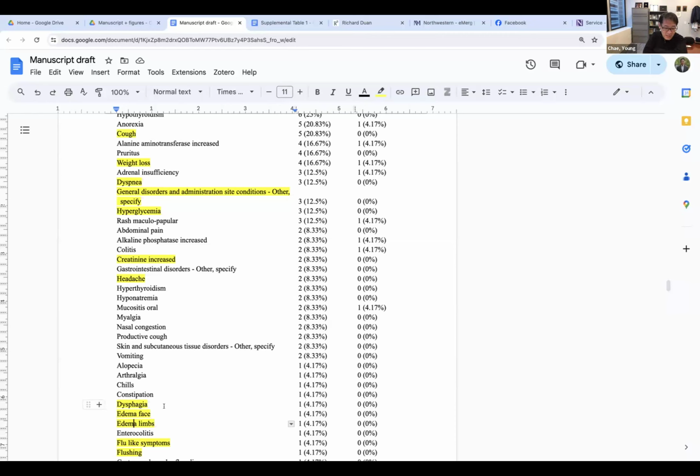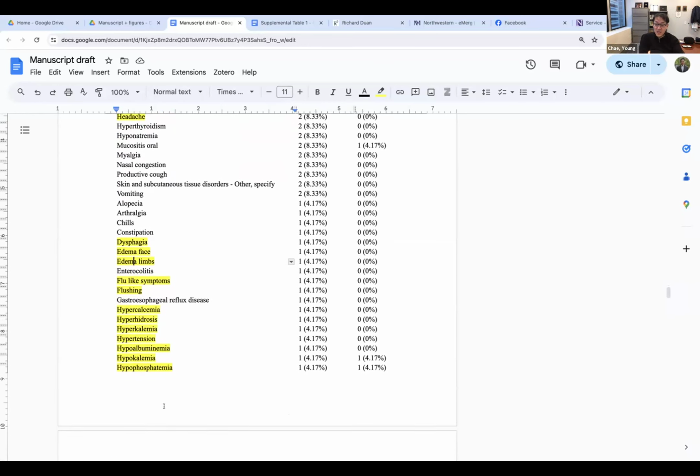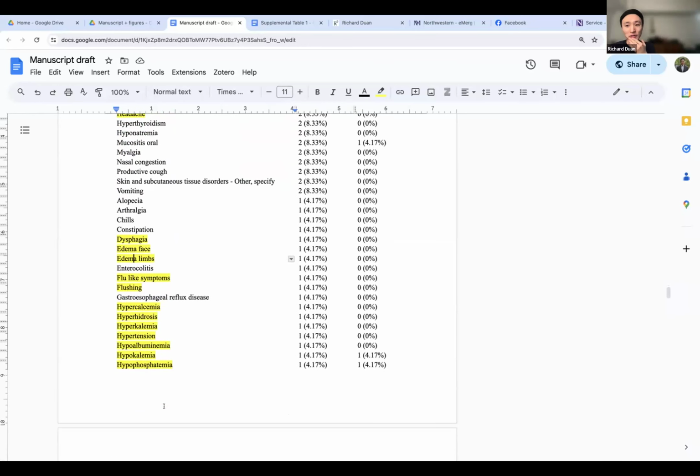I would say, let's say edema in the face, limbs. It could be immune, immune can cause that, but it may not be immune. Dysphagia could be immune, may not be immune. We don't know.